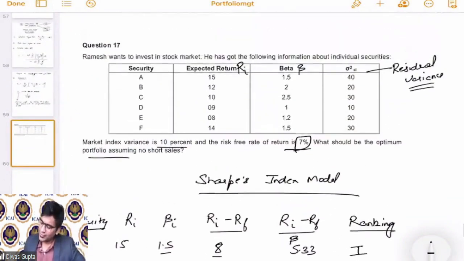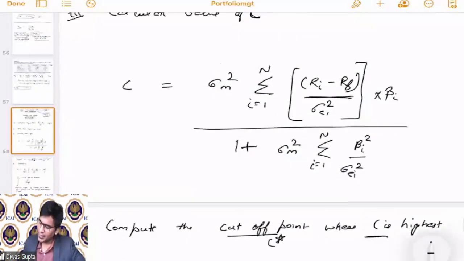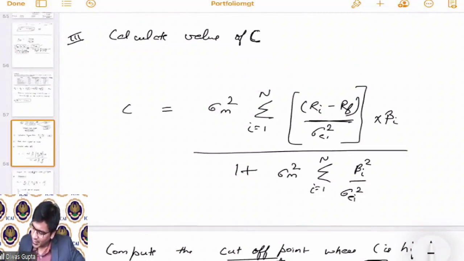Now what is the first part of C? The standard deviation of market will remain the same, which is the variance of market, and it is 10 and 10. So there is no need to calculate it. Now the calculation part will be for this and this, correct?